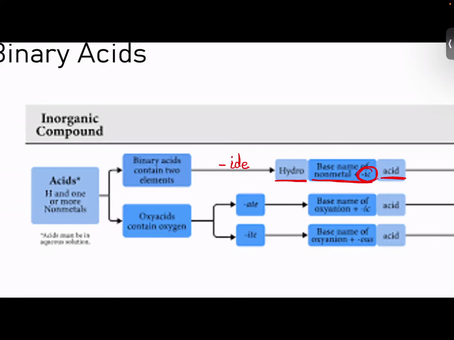So for example, HCl aqueous. HCl is hydrogen chloride. HCl aqueous becomes hydrochloric acid. HCN aqueous. The CN is cyanide.